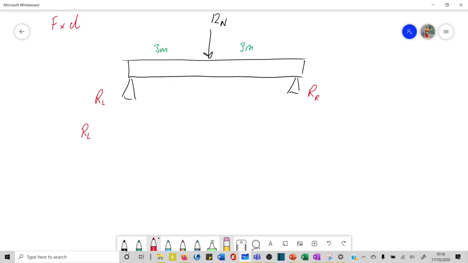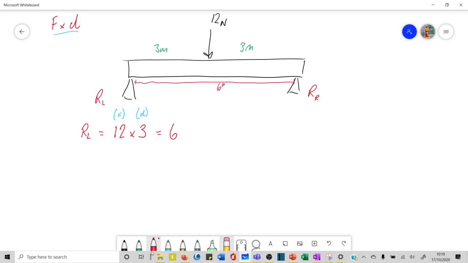So left reaction would be equal to 12 times 3, let me just put in brackets up here, force, distance. Remember, force times distance. So 12 times 3, and it equals 6, because that's the span.